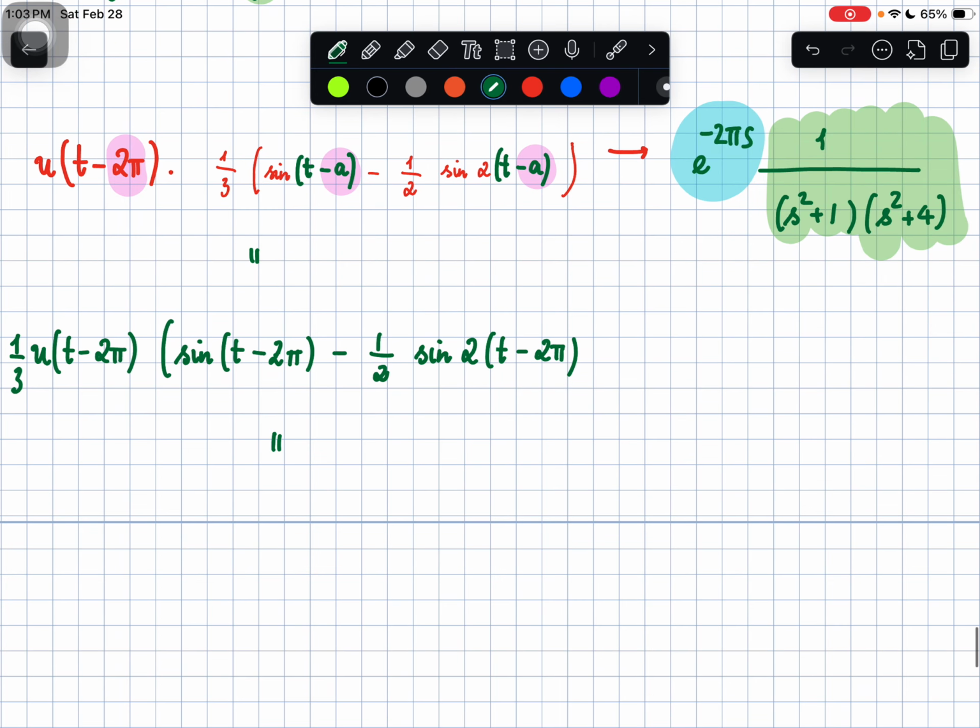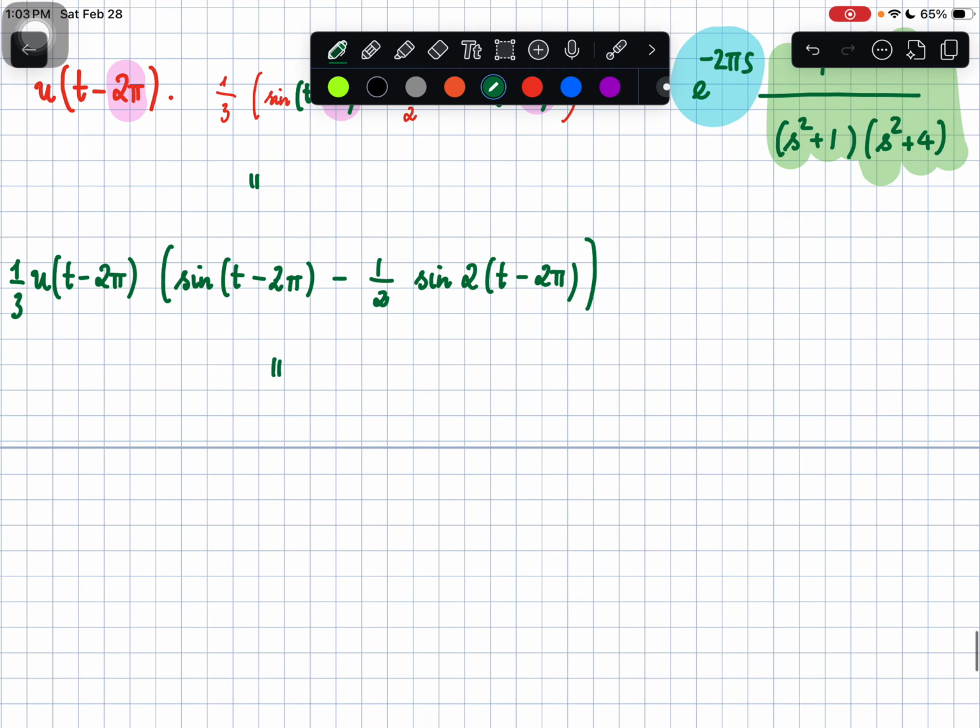And because sine of t minus 2 pi equals sine of t, and sine of 2t minus 4 pi equals sine of 2t, that is equal to 1/3 u(t minus 2 pi) times (sine of t minus 1/2 sine of 2t).